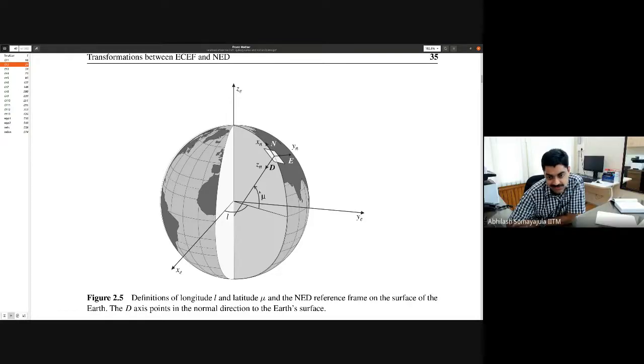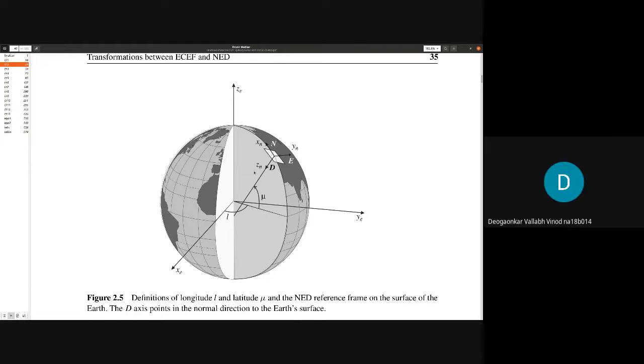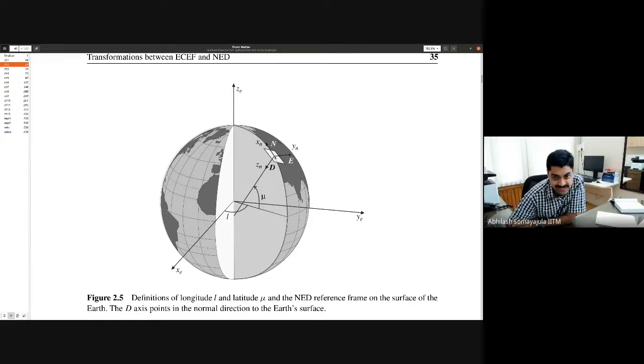So there is a confusion: when you consider latitude, you would have imagined drawing a line from the center of the earth to the origin, and the angle it makes would be latitude, but no. That line would not necessarily be normal to the tangent plane I'm drawing.